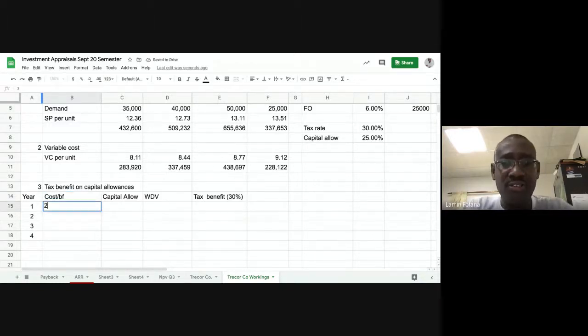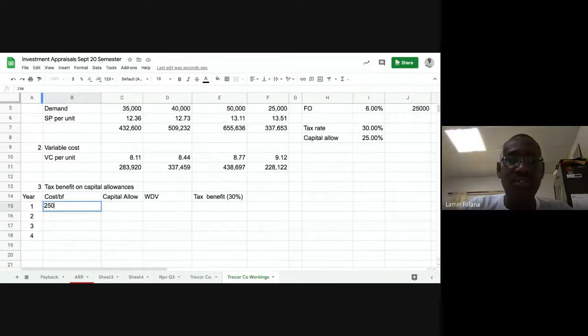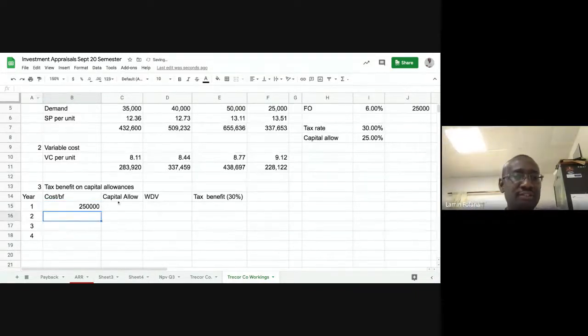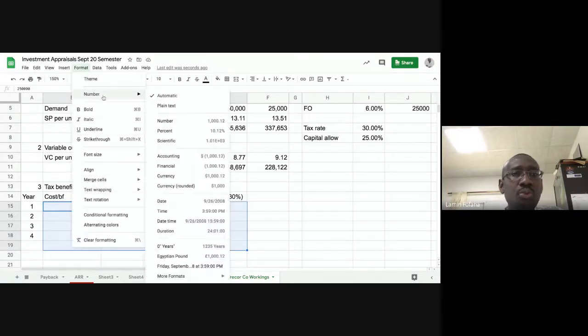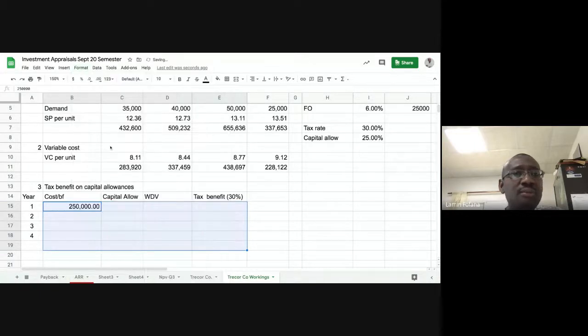So our first cost for year 1 will be 250,000. We're going to format the capital allowances and all of them to financial and no DP. Is that clear, everybody?